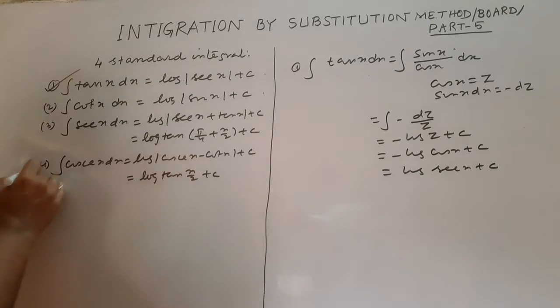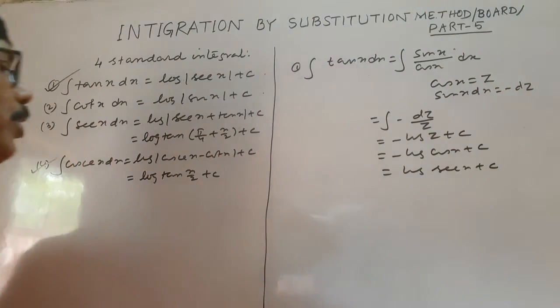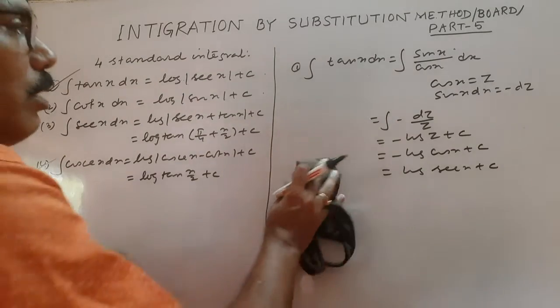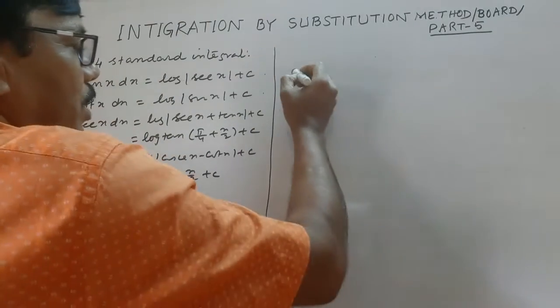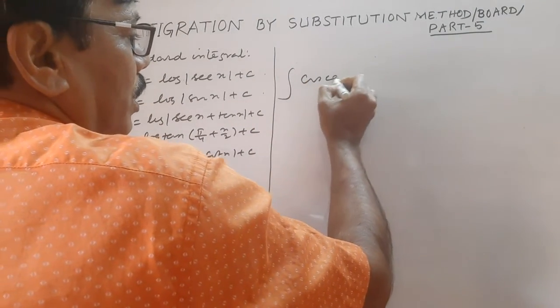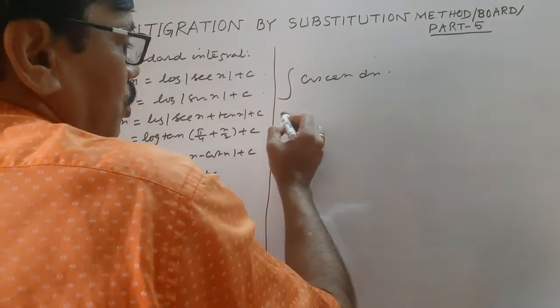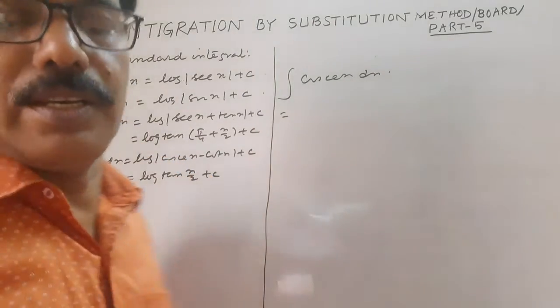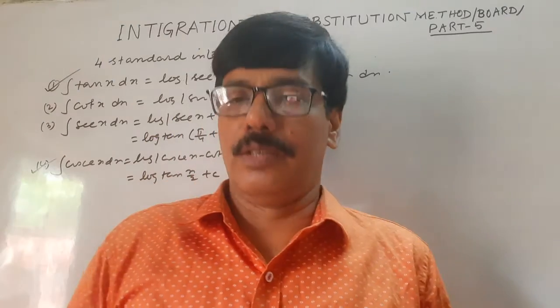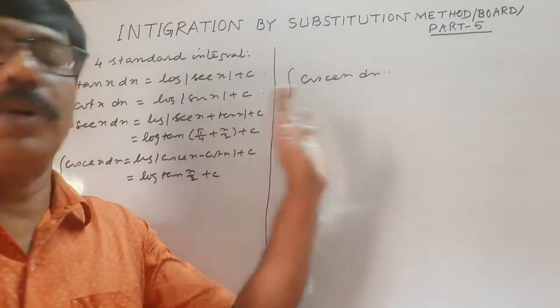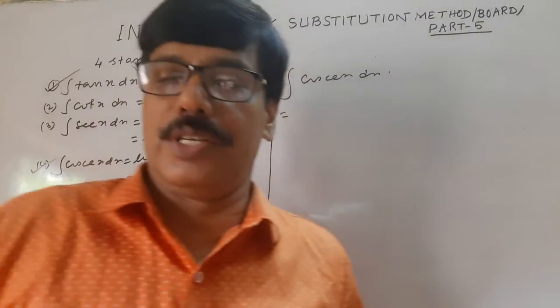Now suppose you have to remember the result. Now integration cosec x dx. Cosec means 1 by sine. If we put sin x equals z, then the numerator is 1. It is not in standard form.